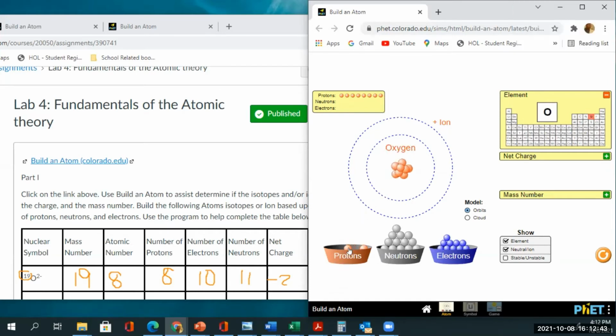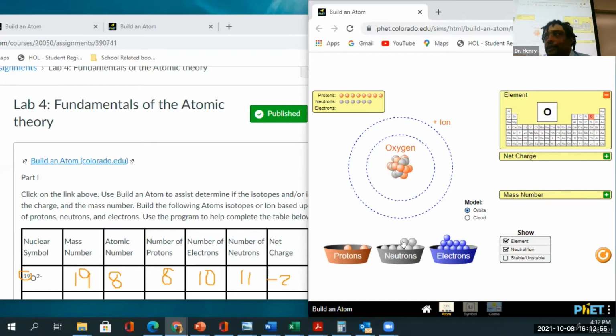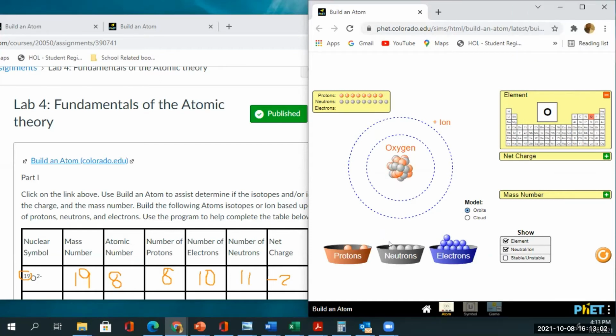Oxygen. Okay, and then protons: 1, 2, 3, 4, 5, 6, 7, 8, and neutrons: 1, 2, 3, 4, 5, 6, 7, 8, 9, 10, 11.